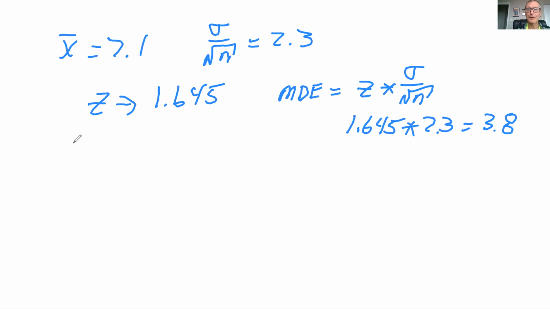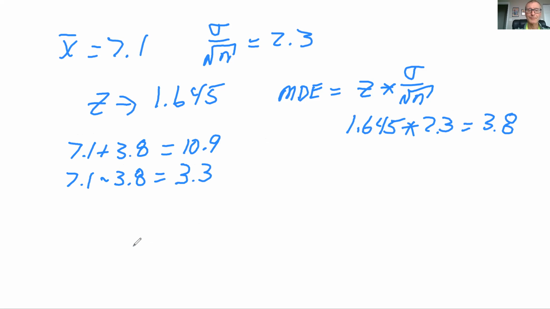And so what are our 2 extreme points? The high end, you would add, and you would get 10.9. And then the low end, you would subtract, and you would get 3.3. So if we did this, 7.1 is in here.